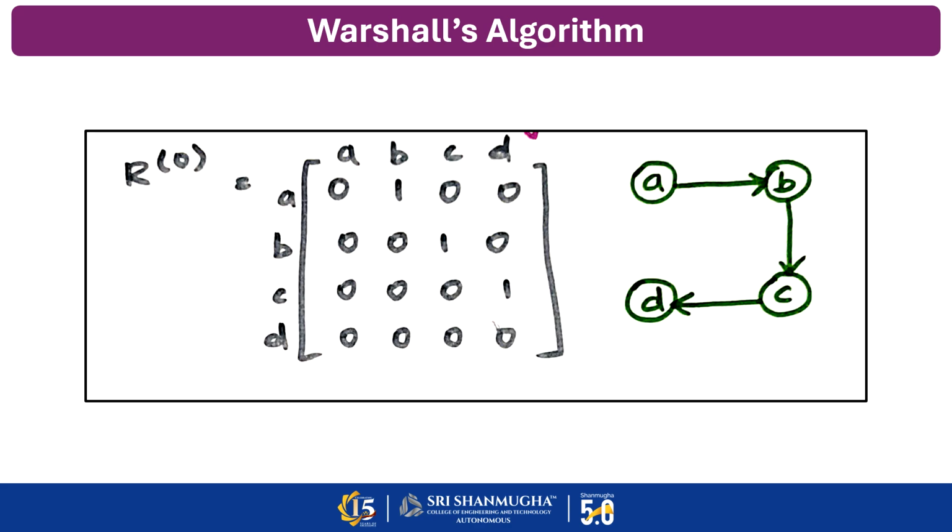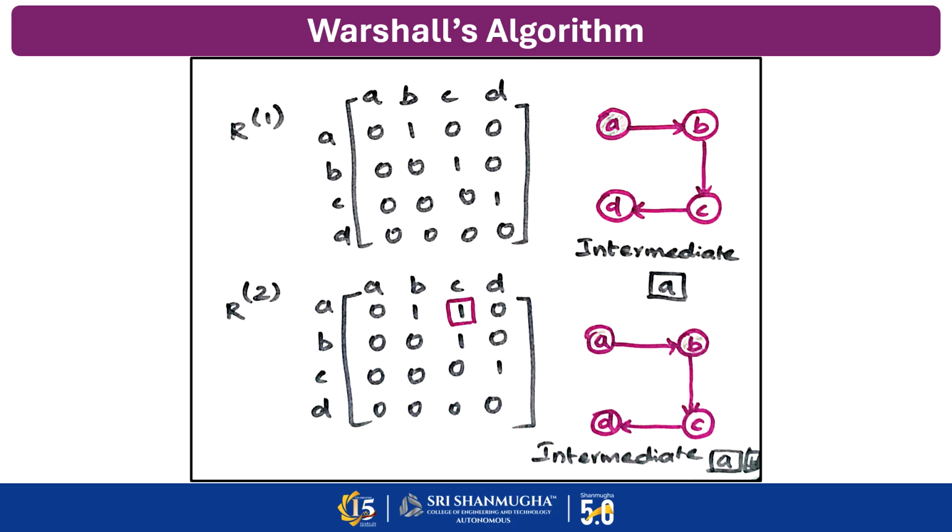So let us start one by one. The initial matrix which we have constructed, or which is given in the question, is R0. Now we are going to construct R1 by keeping one intermediate vertex as A. Now let us start the process. So this is the initial matrix R0.